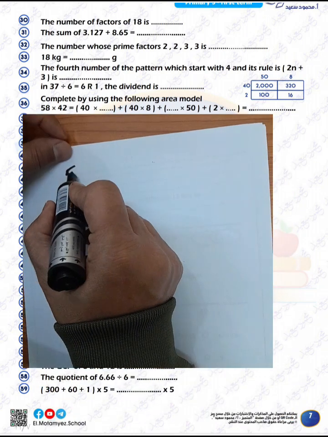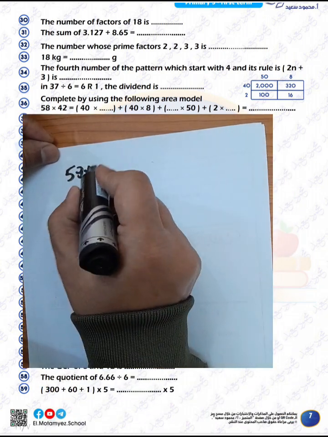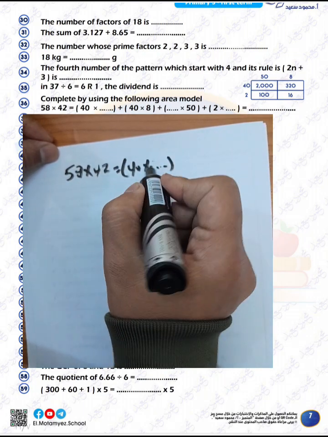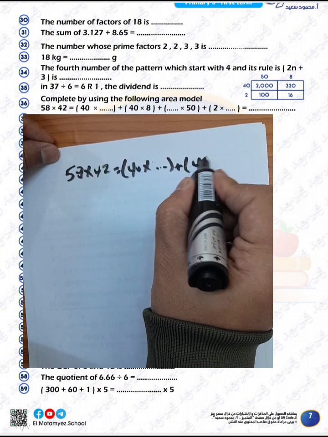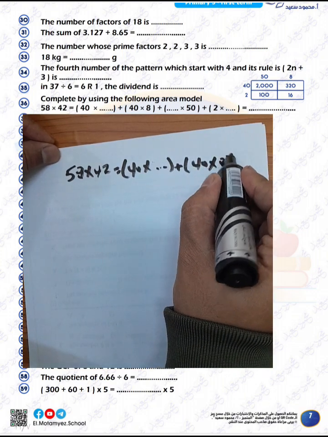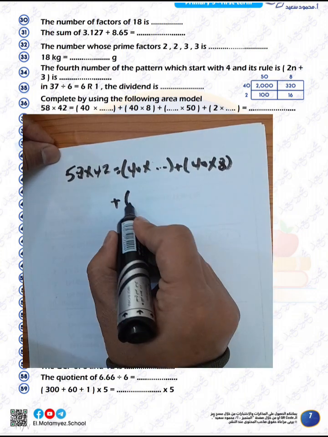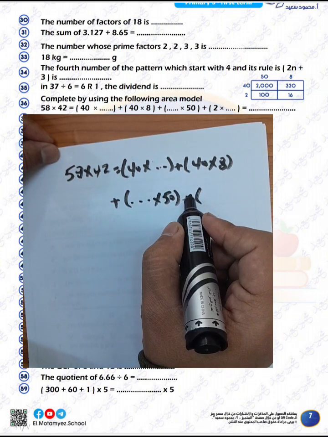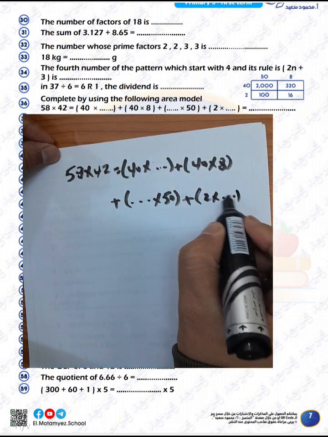Pay attention to this example. He writes here 58 times 42 equals 40 times space plus 40 times 8 plus space times 50 plus 2 times space.